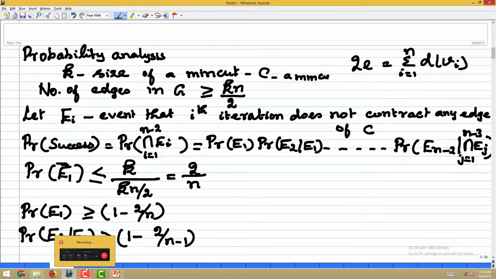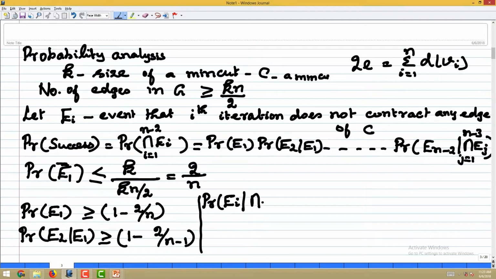Similarly, we can generalize this one and write probability of Ei given intersection j equal to 1 to i minus 1 Ej, since already i minus 1 iterations are over. Can you tell me, is greater than or equal to, just generalize it, 1 minus 2 by n minus of i minus 1.